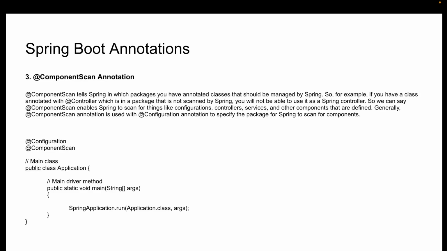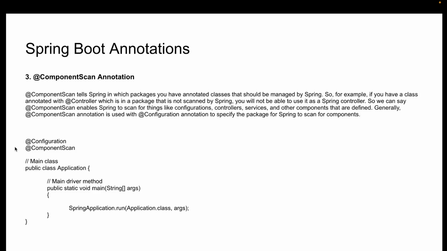It helps you distinguish between a controller, a service, a repository, and some other component or utility classes. So that is the role of component scan. It is used along with the @Configuration annotation, so we are using two annotations at a time, @Configuration and @ComponentScan.